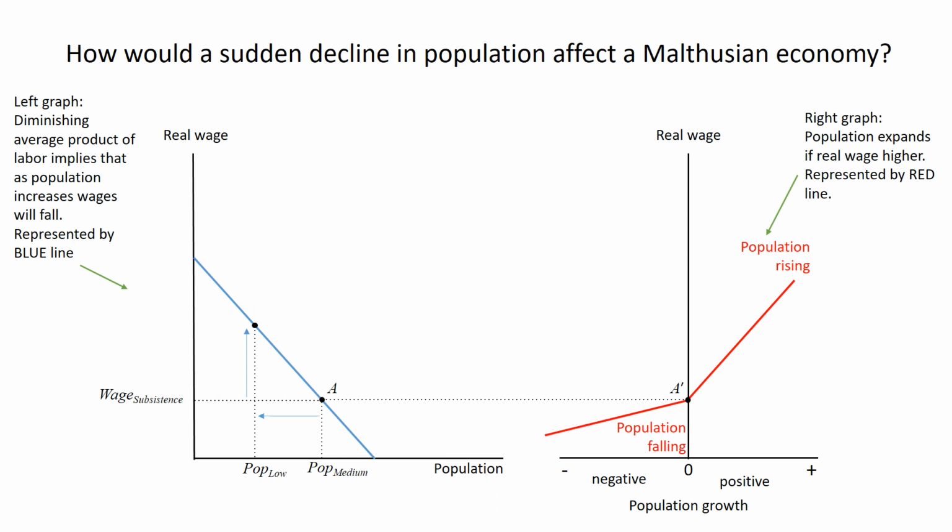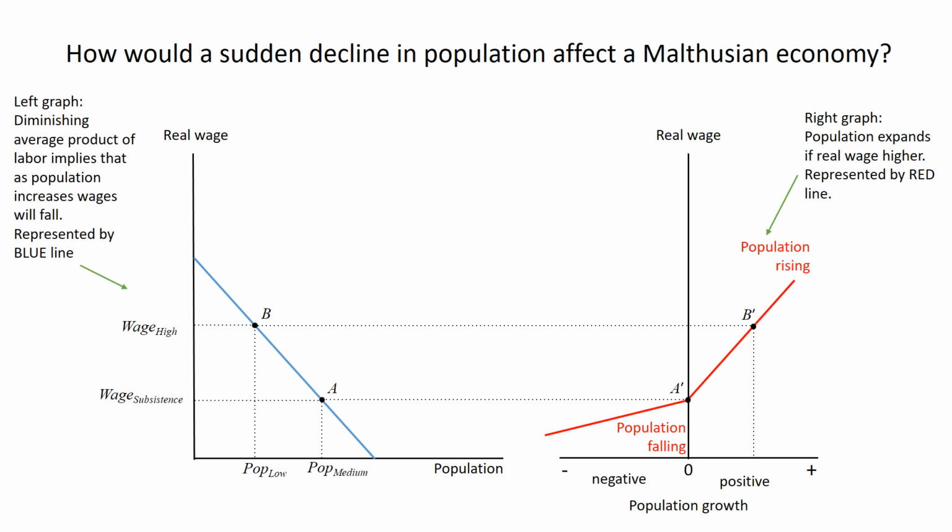The population decline will be very rapid, so we're imagining it sort of happening in a blink of an eye, and that means that at this lower level of population, there are fewer people farming the land, and while that does mean that the total amount of agricultural output goes down, the average amount per person, or the real wage, goes up. So the economy moves to this point B, and wages are high.